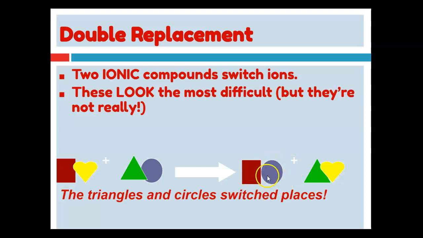And when they traded partners, then the triangle traded partners and will dance with the heart. So you always have 2 ionic compounds on each side, and all they do is trade anions. We're going to look at some specific examples in just a moment, so don't panic too soon.